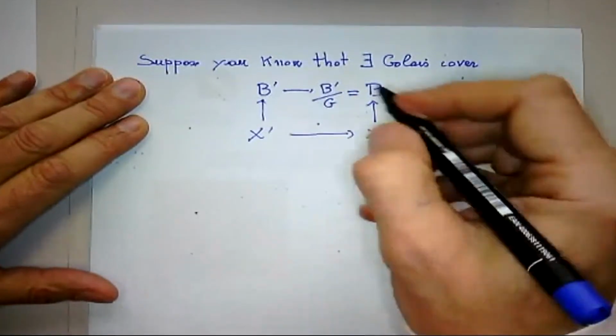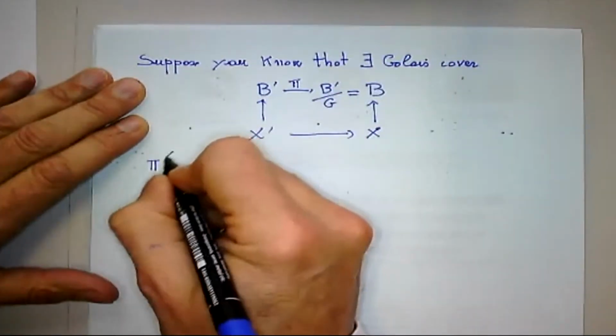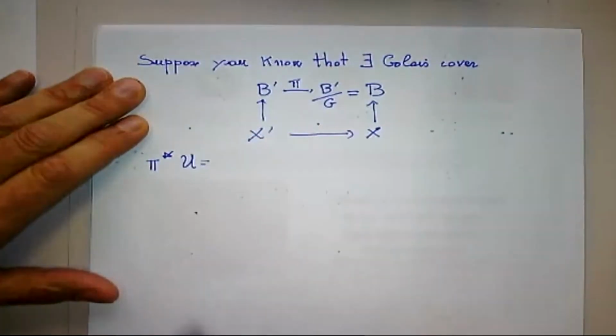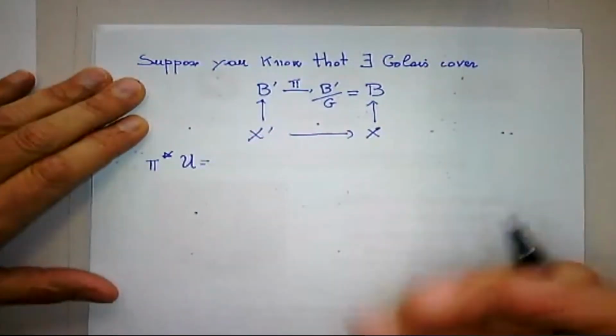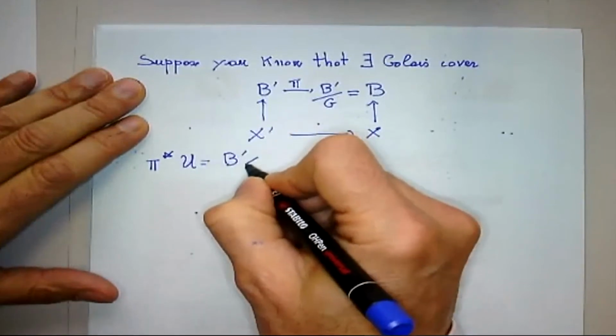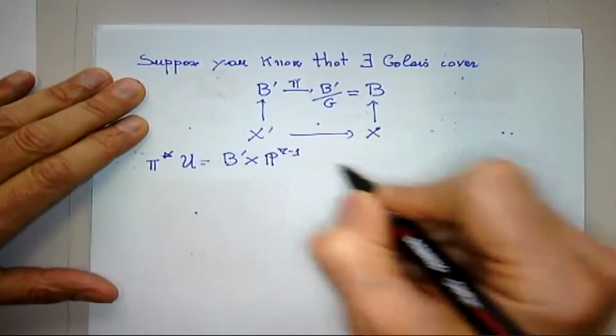And suppose that for this Galois cover, pi upper star of U becomes trivial, which is essentially the notion of semiampleness. So it's something like B prime times P to the rank minus 1.